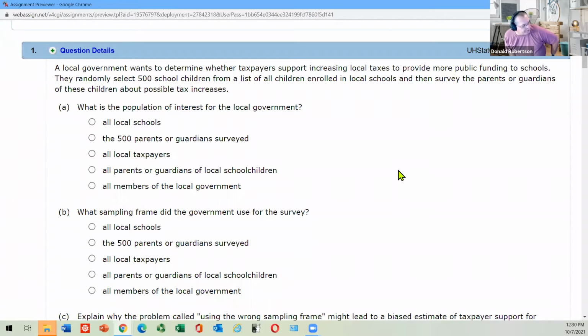Now, what is the population of interest in this story? Who are they interested in finding out about? Would you be in favour of spending more tax money? There's a choice. Who is it?